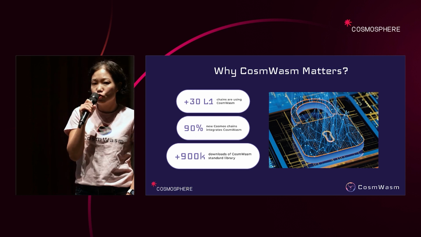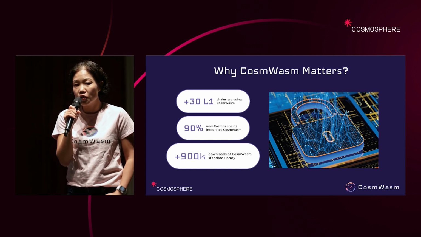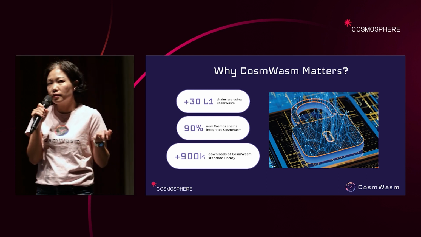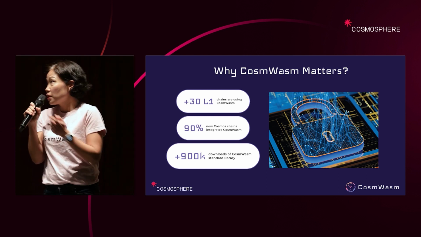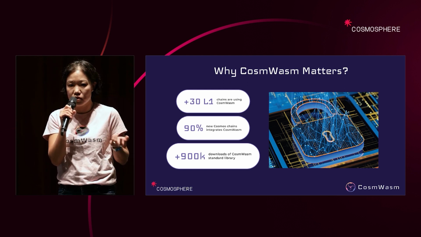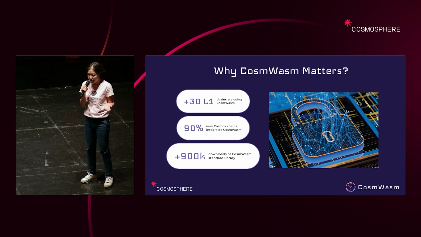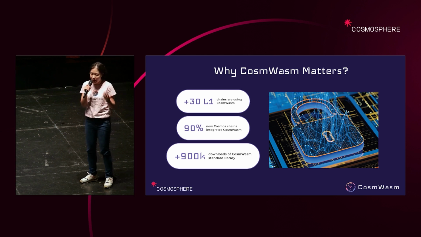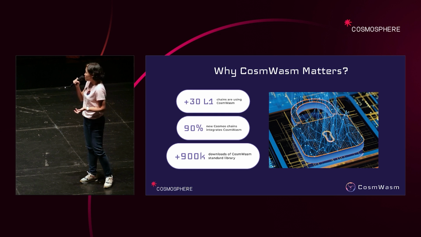And that's due to Solidity, Ethereum's smart contract language's structural defects, like the reentrancy issue. But CosmWasm prevents this kind of issue by design, so it's eliminated. So that's why we didn't see that kind of hacking incident in CosmWasm chains.